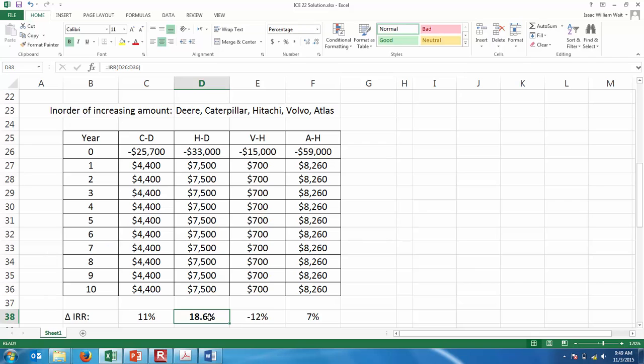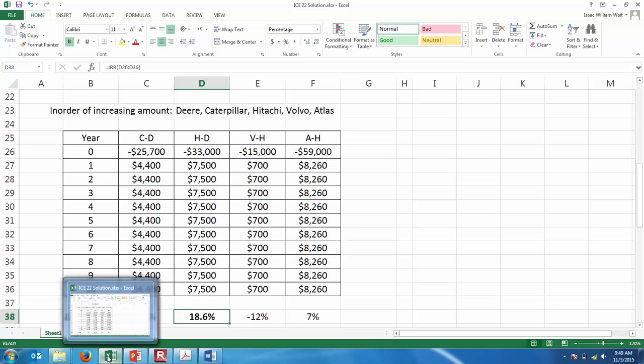Since that's greater than the MARR, always spend as much as possible as long as that additional amount is justified. The other way of looking at it is always spend as little as possible unless the additional amount is justified. All right, any final questions on the in-class exercise?